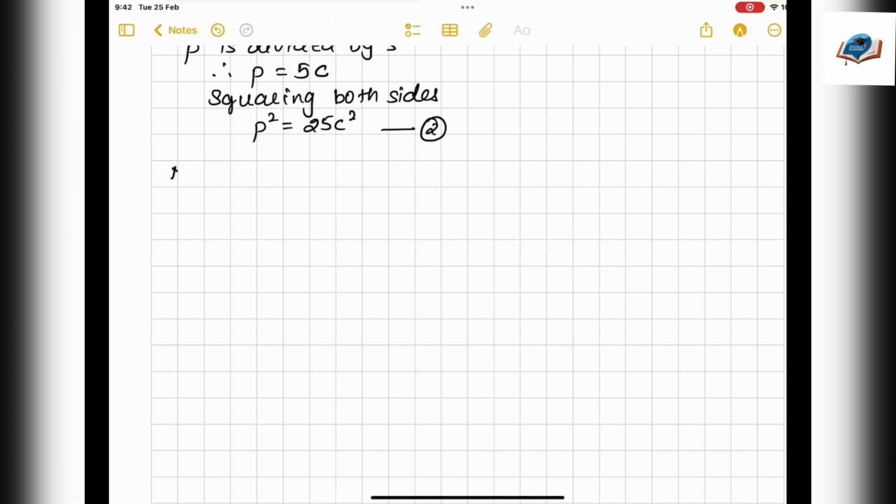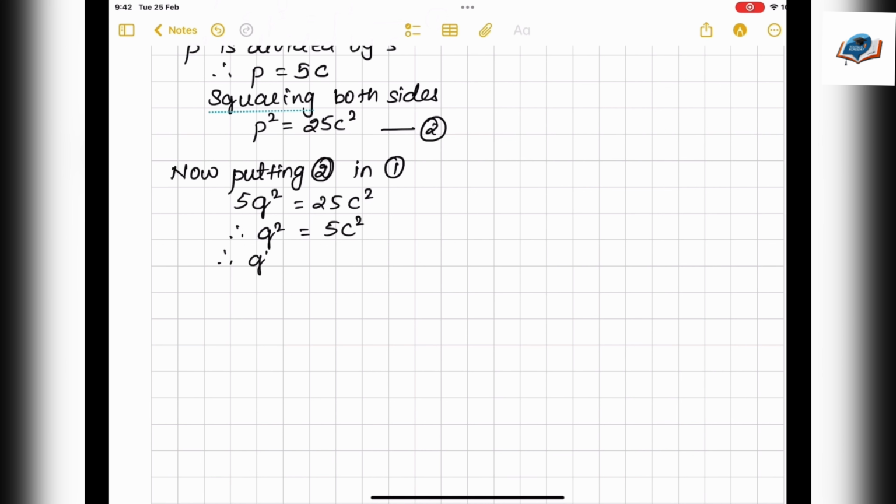Now, putting equation 2 in 1, I will have 5Q square equal to 25C square. So therefore Q square will be 25 upon 5, means 5C square.